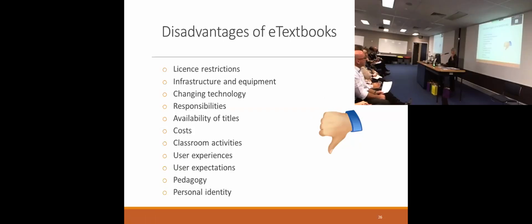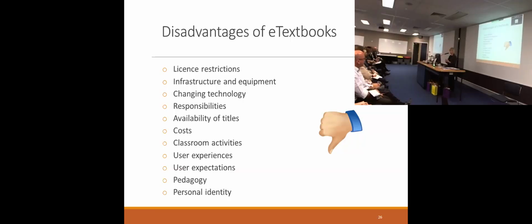I think some of the important areas are towards the bottom there, user experiences, user expectations. So to try and understand, we have such a diverse range of students these days. So it's not one size fits all. So how to best manage that diversity of the student group.